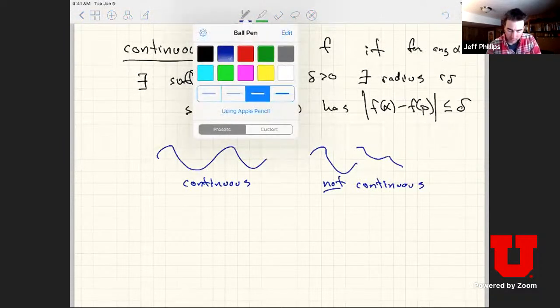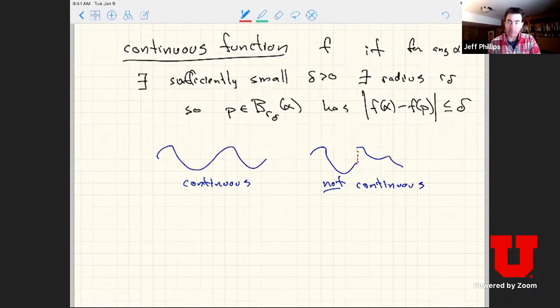That's because there exists this jump in function values right here. If I pick my alpha right here and move just to the left of it, I can't draw a local neighborhood small enough so that the function value doesn't have a big jump someplace. We'll almost always be talking about these continuous functions.